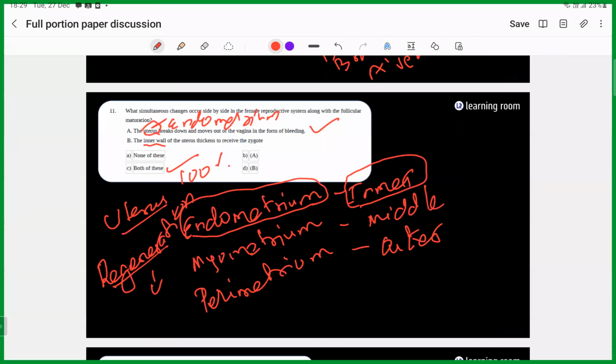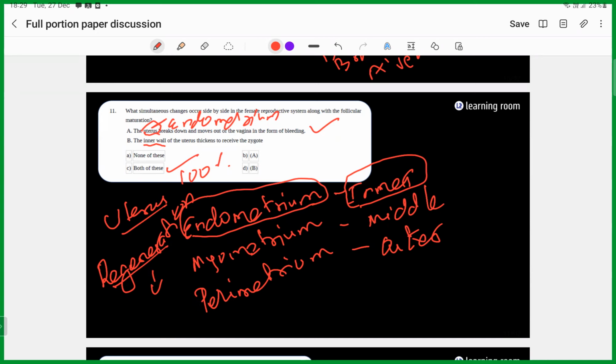Otherwise, you just try to reframe the sentences. What is correct?